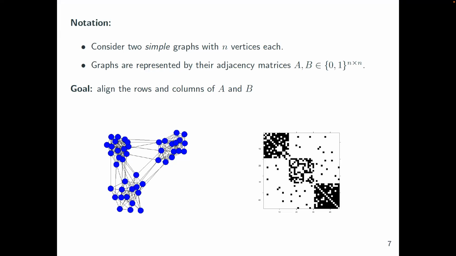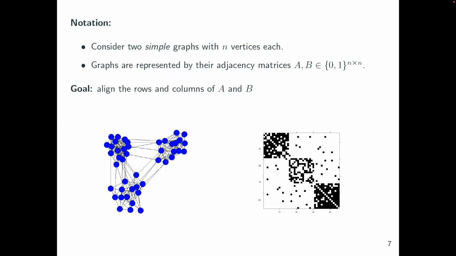So the notation that I'm going to use in this talk is the following. I'm going to represent graphs using their adjacency matrices. For simplicity, I'm going to assume that the two graphs have exactly the same number of vertices, although in some applications this may not happen, but let's assume that both graphs have n vertices in total. And here, A and B are going to denote the adjacency matrices of each graph.